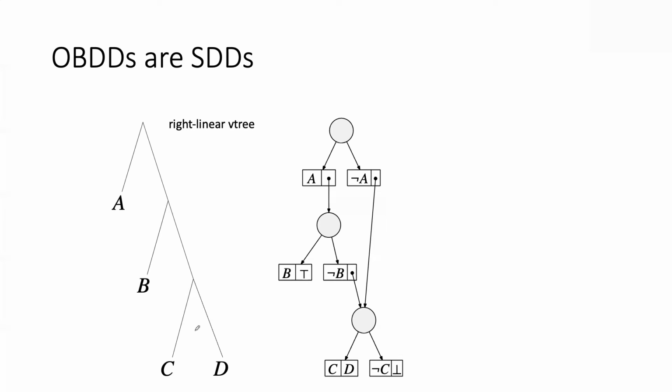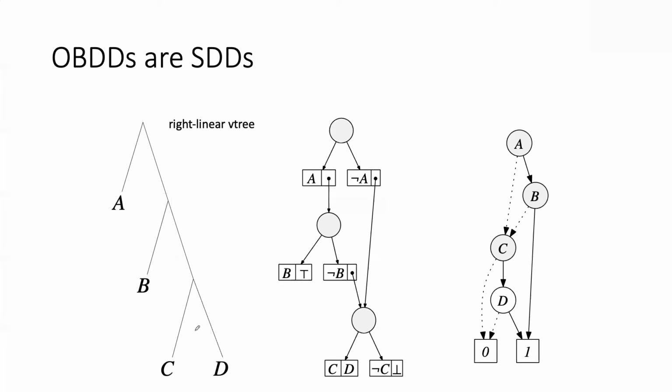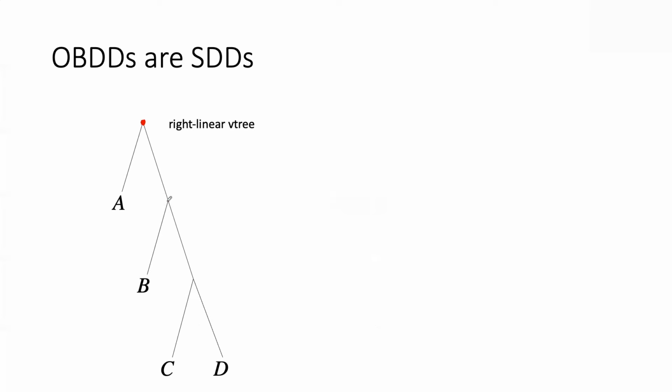Now, what is a right linear Vtree? A right linear Vtree is one in which every internal node, the right child is a leaf. So here's one internal node, here's another, and here's another internal node, and here's another internal node. Look at this guy. The left child is a leaf, left child is a leaf, left child is a leaf.